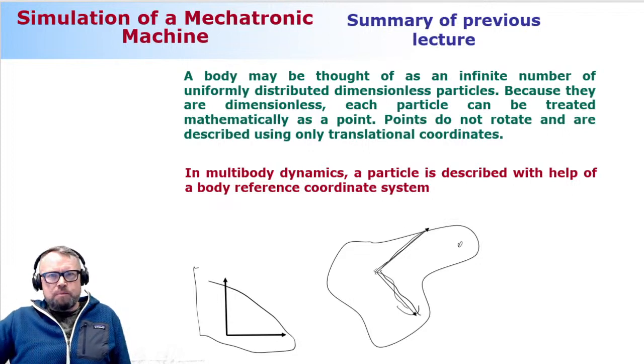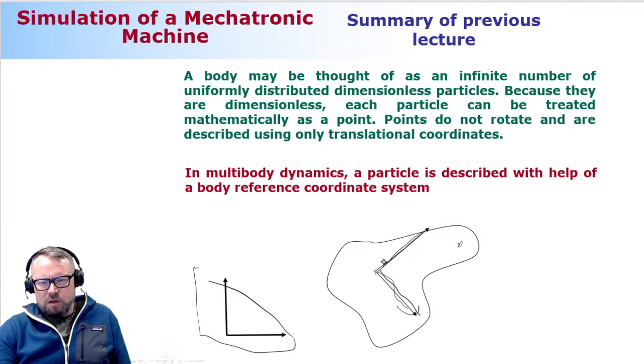So you cannot separate those two things, body reference coordinate system and body. This gives us a great advantage. Within this coordinate system, we can easily describe every single particle that belongs to the body by using vector u-bar.